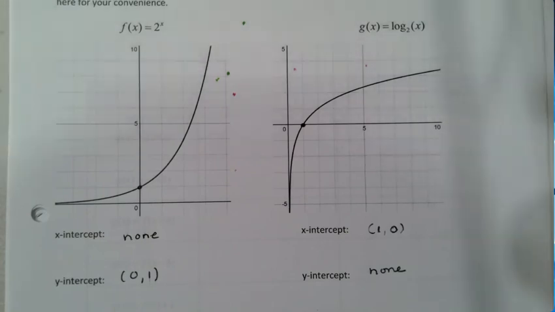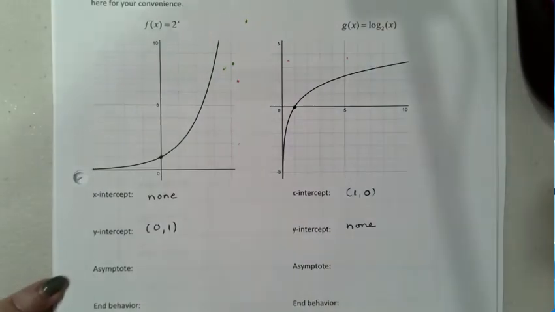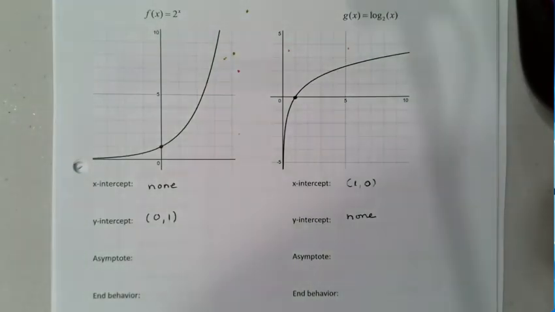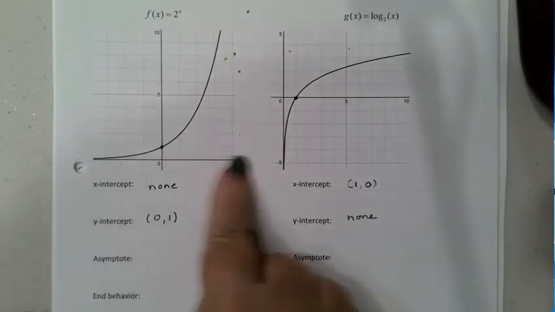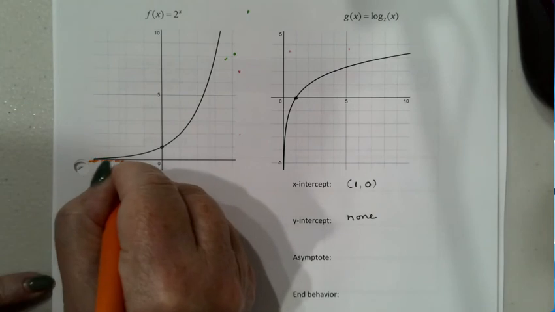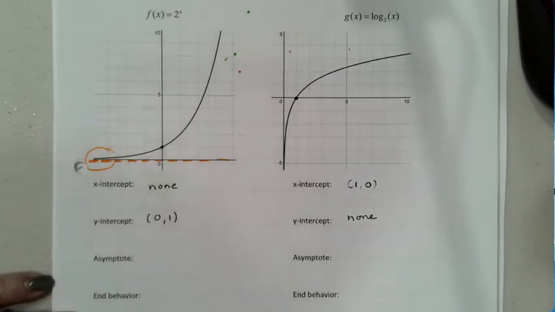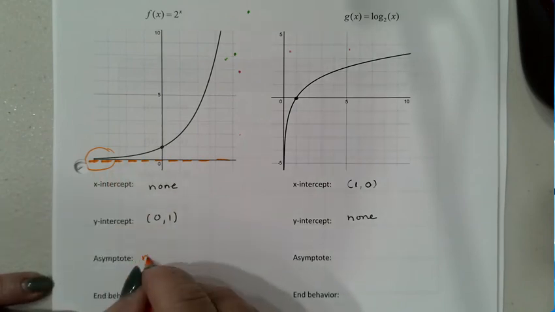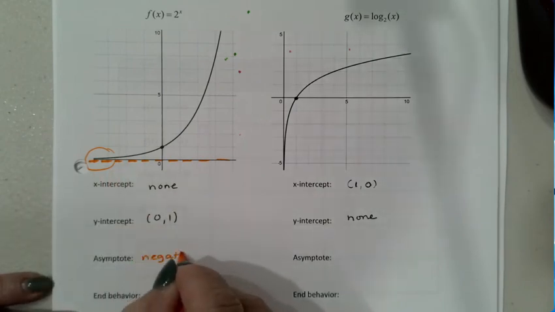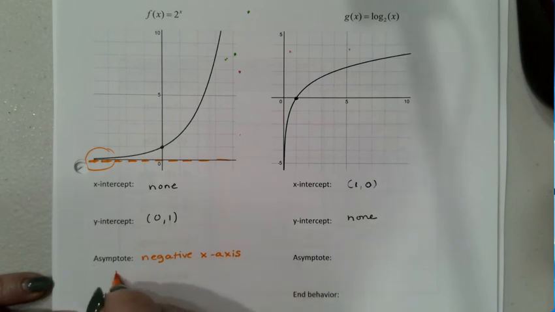The next thing we want to talk about are the asymptotes. We've already been talking a bit about the asymptotes of an exponential function. Remember that this approaches but doesn't cross the x-axis. So the negative x-axis is a horizontal asymptote.